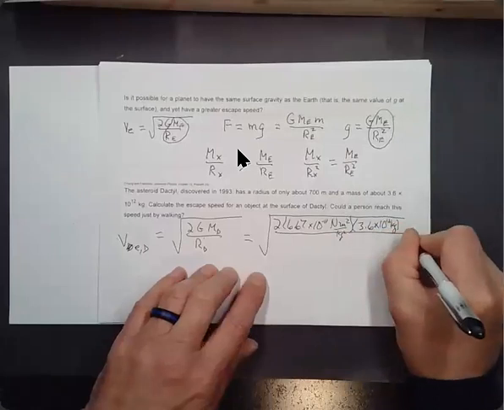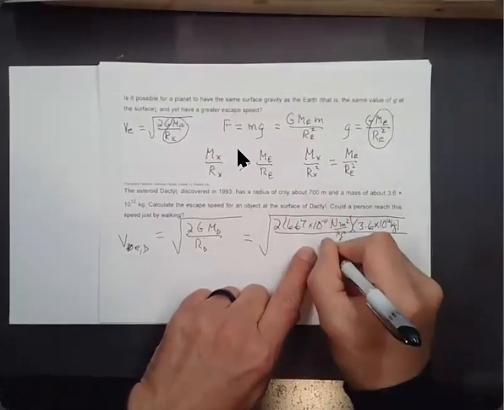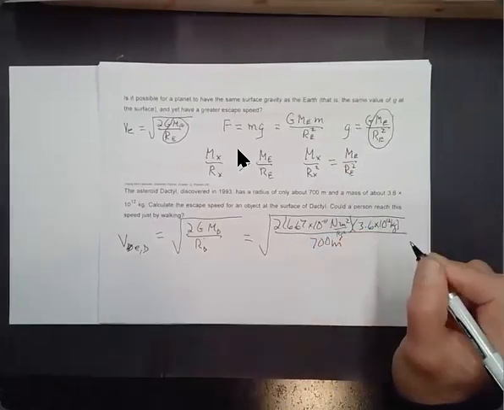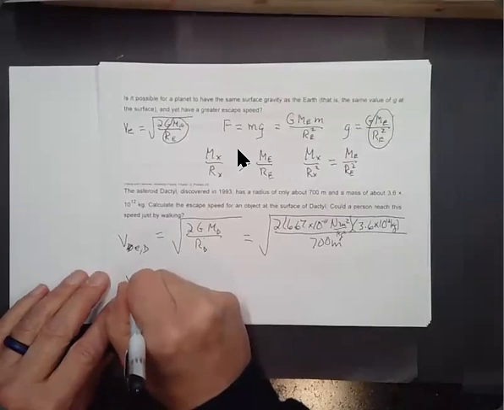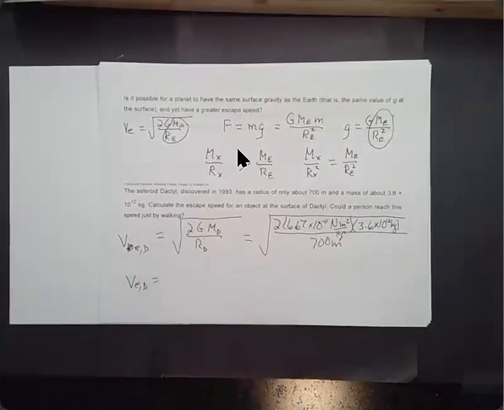And then let's see, the radius, 700 meters. Okay, the escape speed from Dactyl will be, plug and chug.